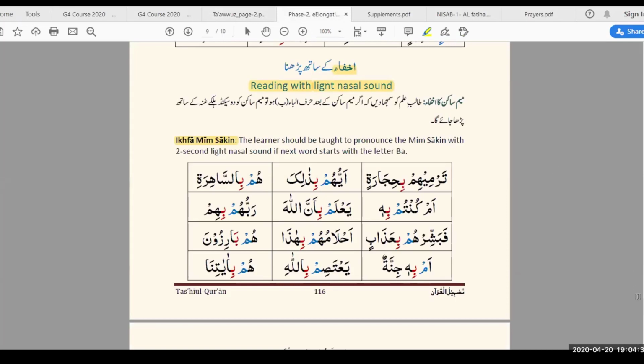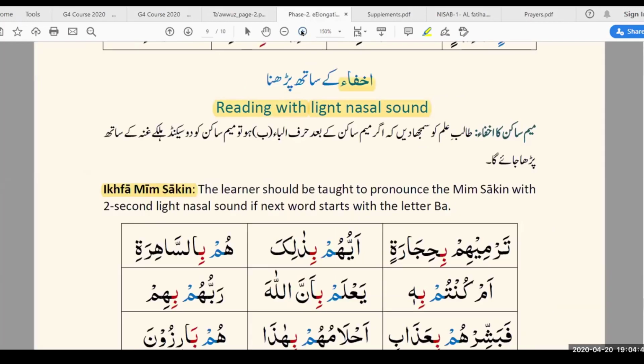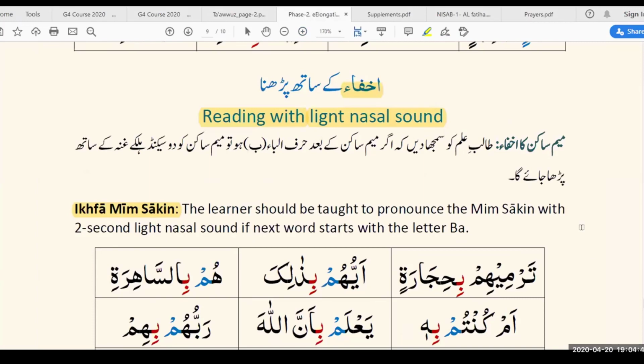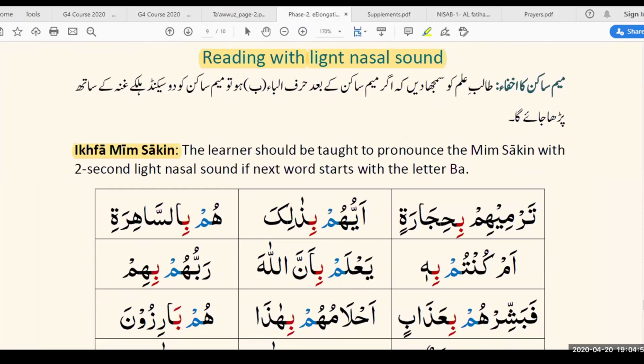So Ikhfa, I'm going to increase the size actually. Okay, so Ikhfa is what we're going to go through today. And Ikhfa means to conceal. The learner should be taught to pronounce meme sakin with a light 2-second nasal sound if the next word starts with the letter ba.